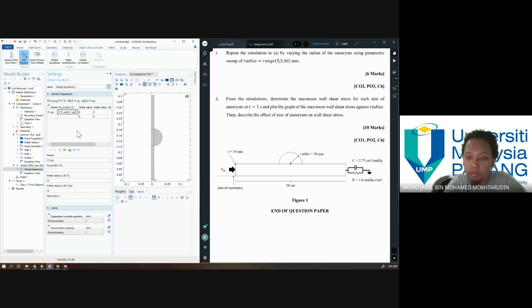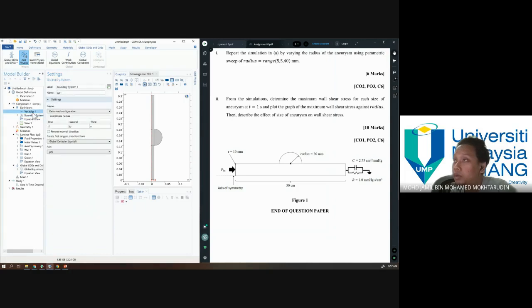And P out over R1 minus Q. We don't have Q. And then in the unit, change to Pascal. Change to the Q. Then we need to define Q somewhere in the variables as well. So variables.